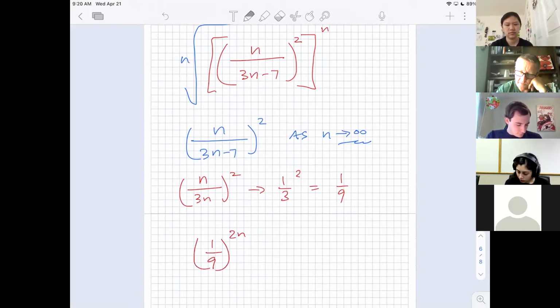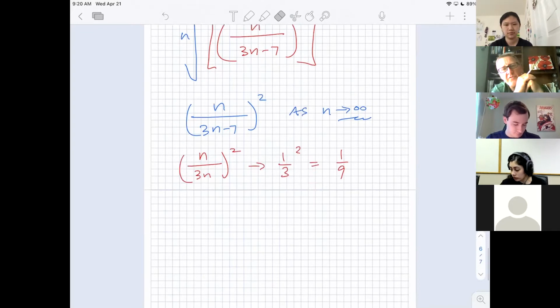Does that concept make sense? So again, your assignment will ask you for that 1/9. It won't just say, does it converge or diverge, and then you just answer and you're done. You've got to say, what is it? What's it approaching? 1/9. And now, because that's 1/9, then you can say converges because it's less than 1.